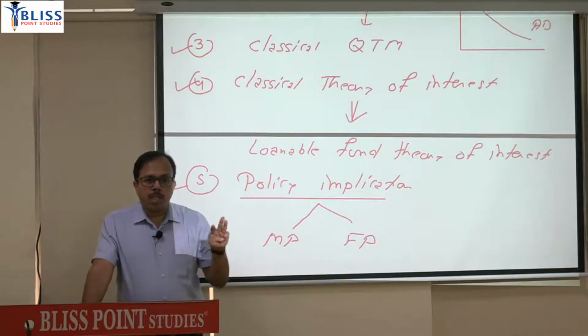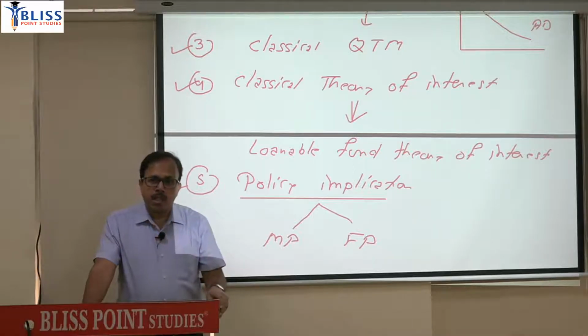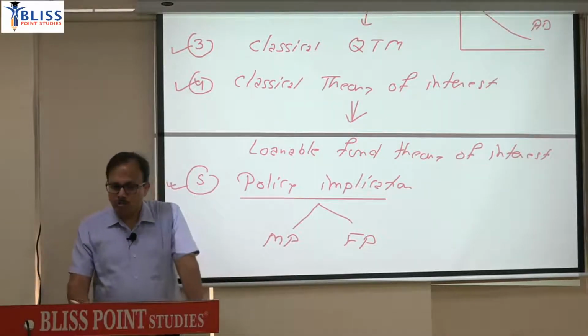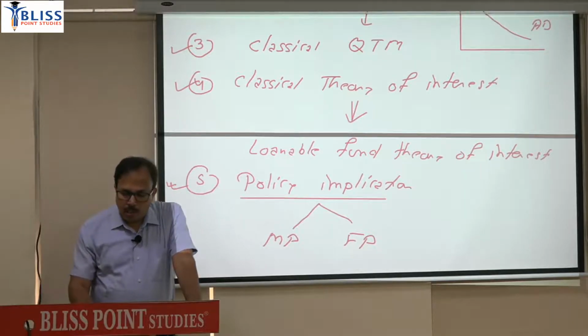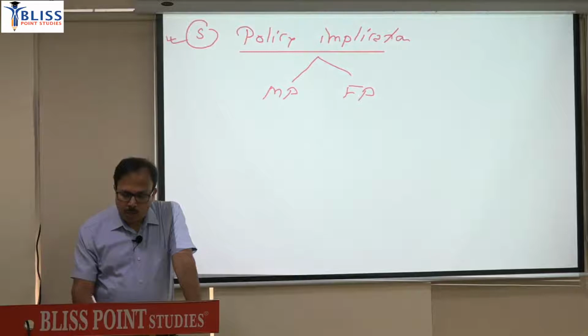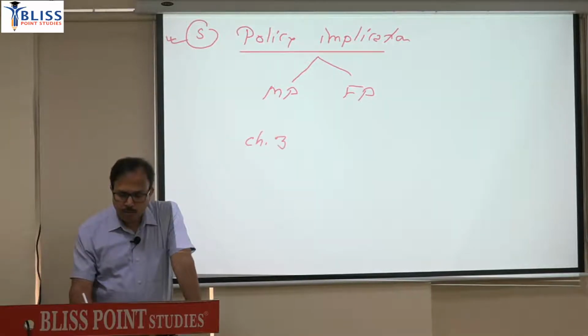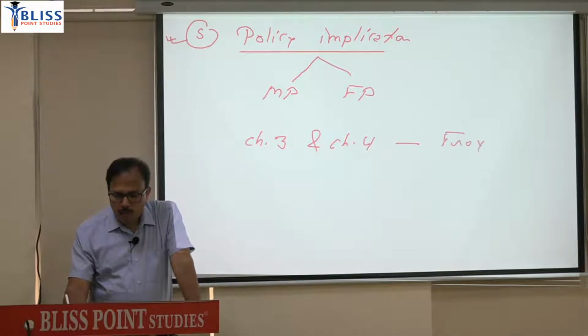One will be classical AS, other will be classical AD, third will be classical theory of rate of interest, and then when we combine all, we can explain the policy implication part. And for referring to all these topics, you have to refer to chapter number 3 and chapter number 4 from Froyen.